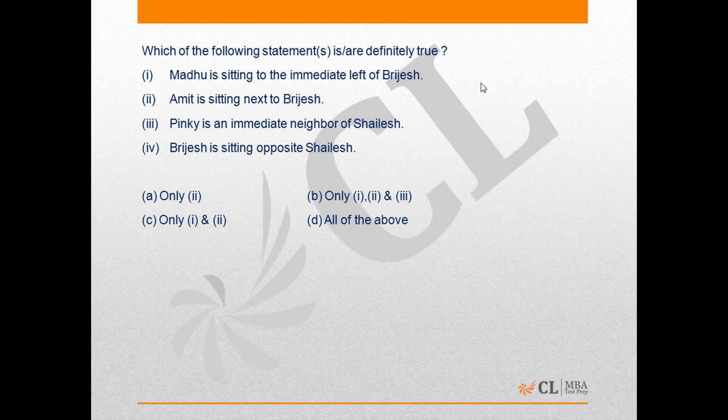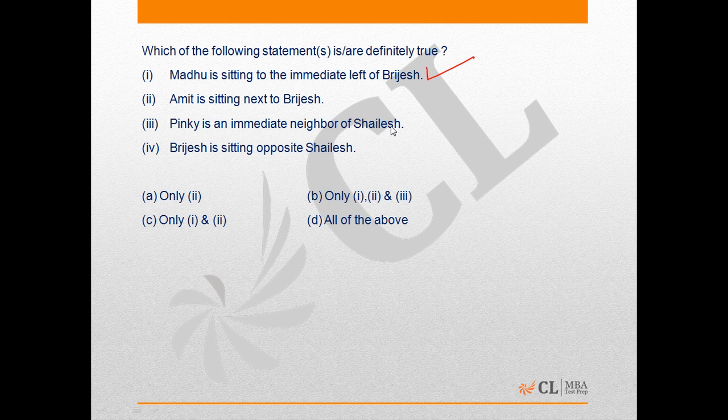Moving to the next question, in which we have to check which of the following statements is definitely true. Madhu is sitting to the immediate left of Brijesh, which is definitely true, as it is the case in both the cases.